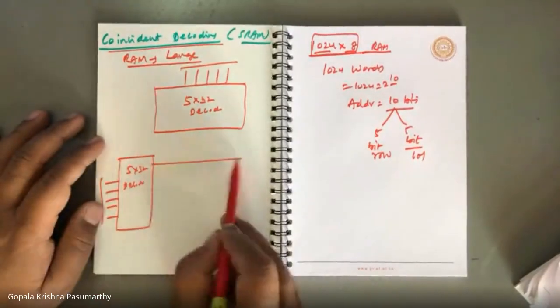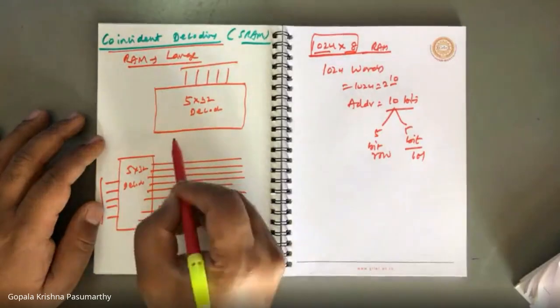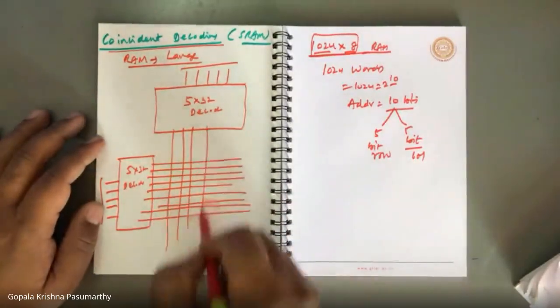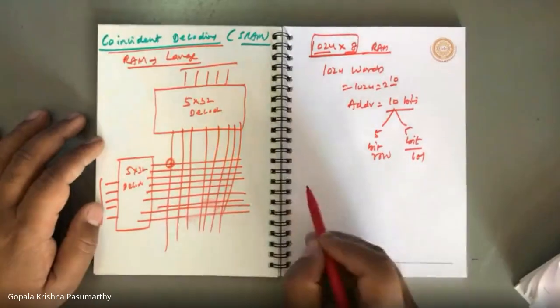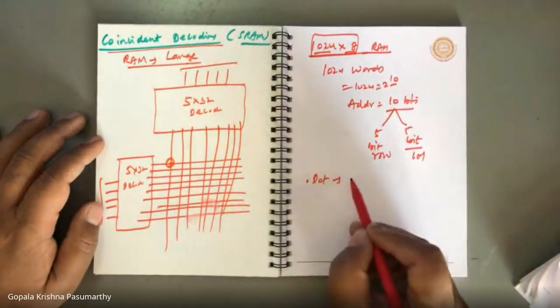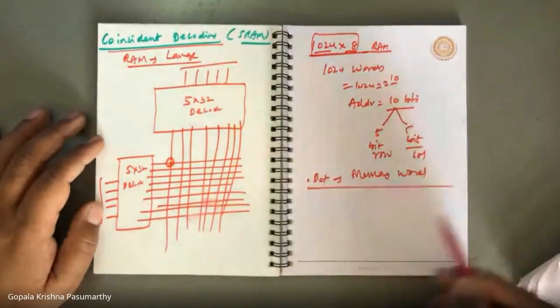There are 32 columns, and likewise 32 rows. Each dot stands for a memory word. Understand?